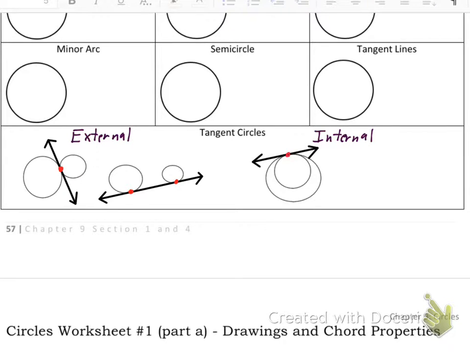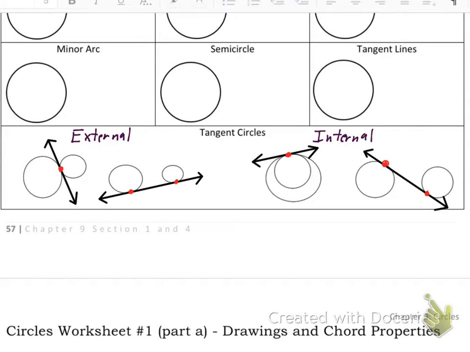And our point of tangency just hits each circle once. And finally, if we have 2 circles that aren't touching, and I run a line that looks kind of like this, and it touches each circle once, that is also called internal.